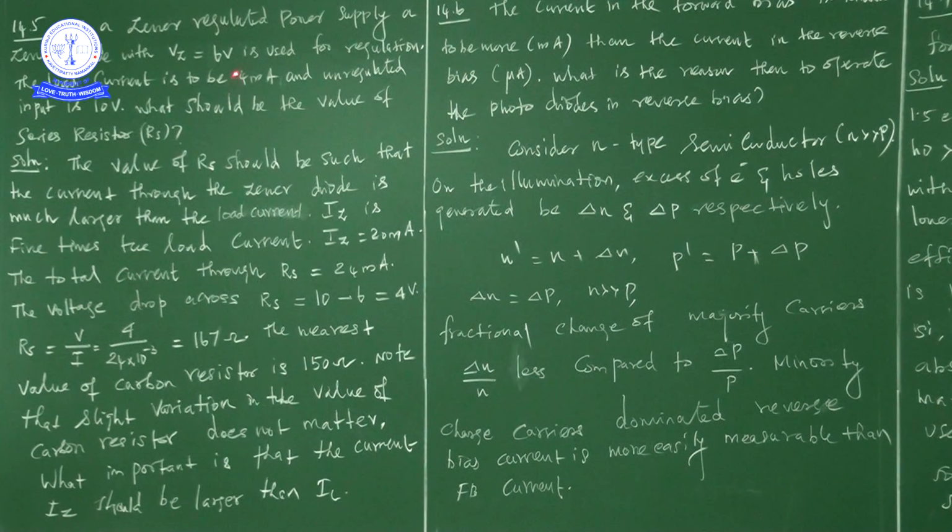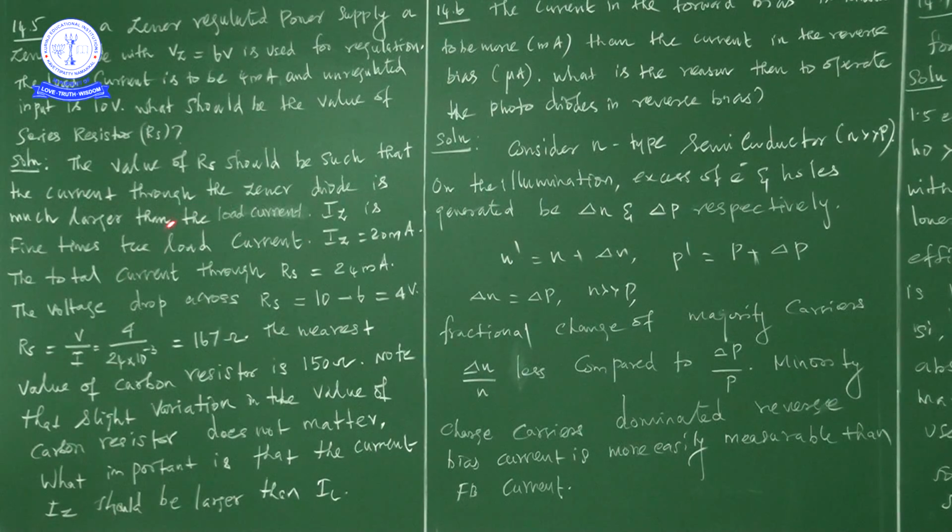For calculating the Zener current, we take a value much greater than 4 milliampere. Let us assume the Zener current is 5 times the load current.